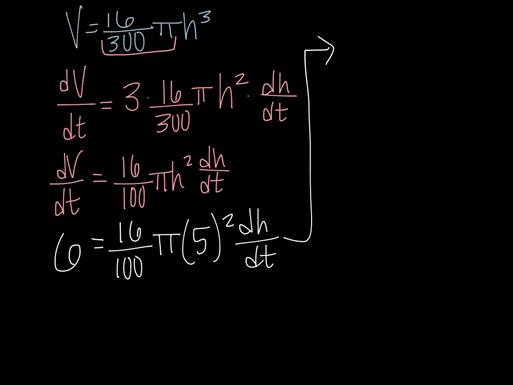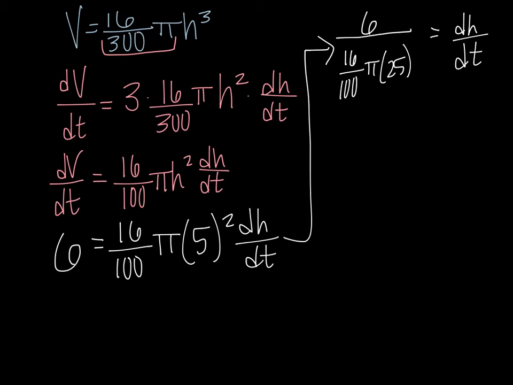But I'm going to write it all the way out. It's going to look ugly, but basically I'm going to divide both sides by the 16/100 pi times 25. And when I do that, I get approximately 0.48.